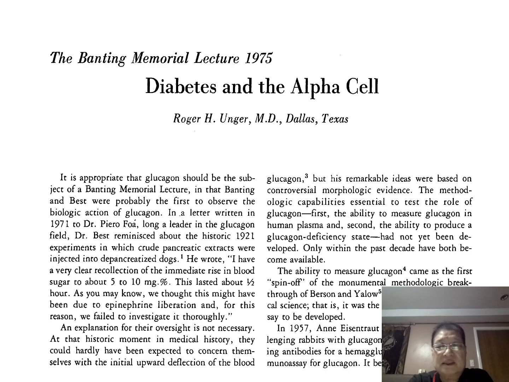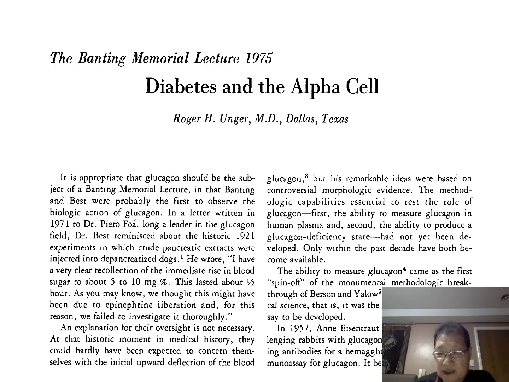Then in 1973, Roger Unger and Lelio Orci of Geneva proposed the bihormonal abnormality hypothesis of diabetes, stating that glucagon elevation was as important as insulin deficiency. Glucagon was misjudged as an important pancreatic extract impurity, and was forgotten but was not gone.